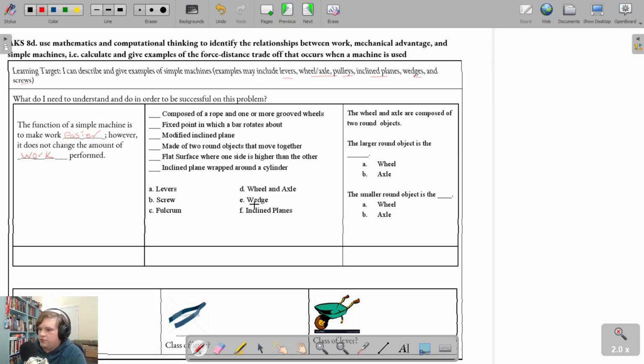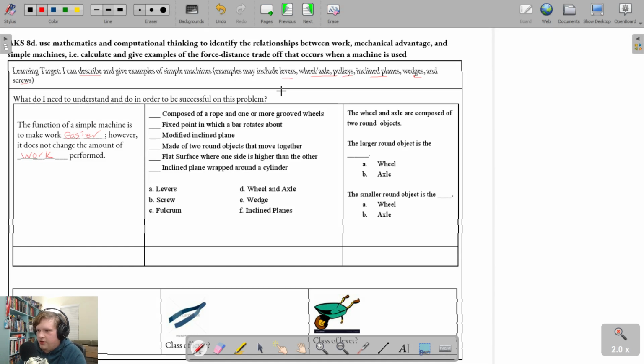Now, here we go. 6 simple machines and 6 descriptions. Here's your descriptions. Match them to your simple machines. Composed of a rope and 1 or more grooved wheels. Well, that's easy. That one is going to be... the heck? Where's pulley?